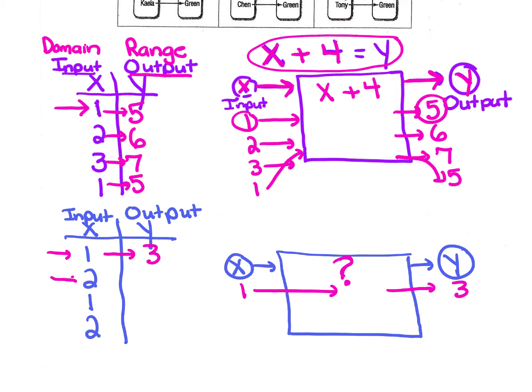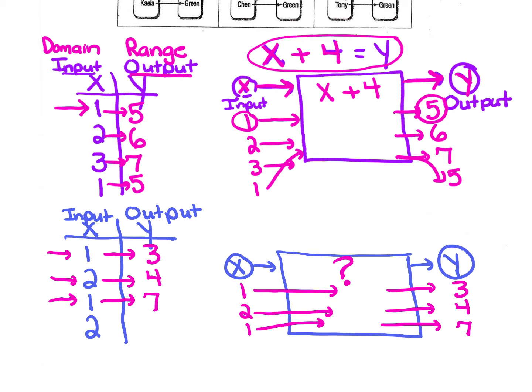Now we take a 2 and we put it into the machine. And the output value associated with the 2 is 4. We put another 1 in, and we're expecting an answer of 3. However, the machine outputs the number 7.